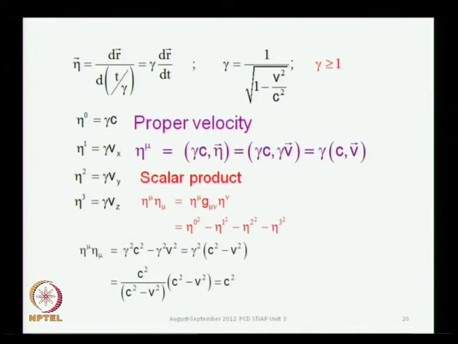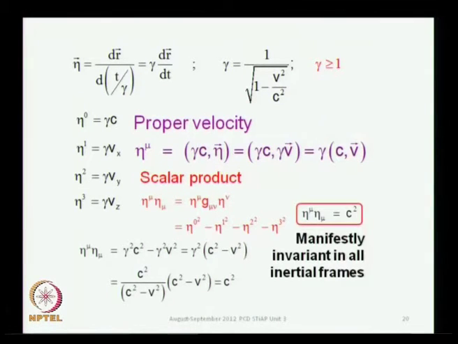It is the same for every observer, which satisfies us that our rather unorthodox way of defining velocity, which is to take the ratio of proper length to proper time, is well justified and very well rationalized. So, this is an obviously invariant quantity in every inertial frame.